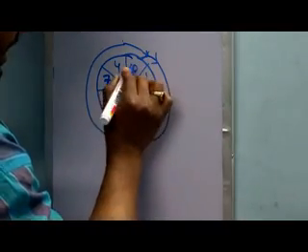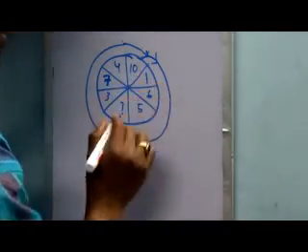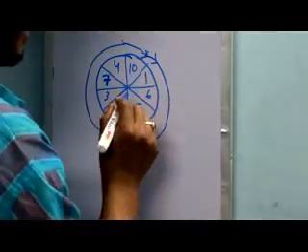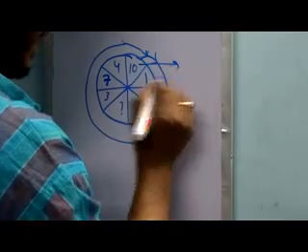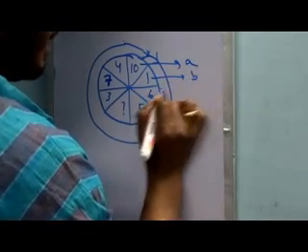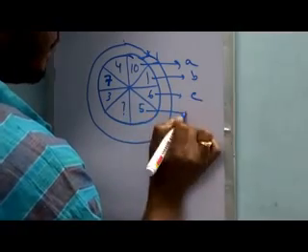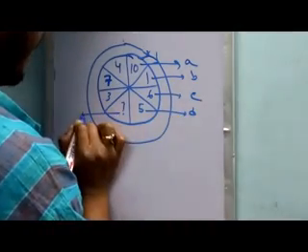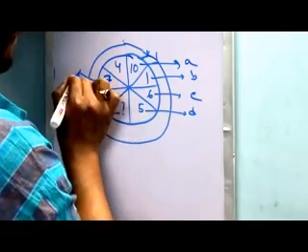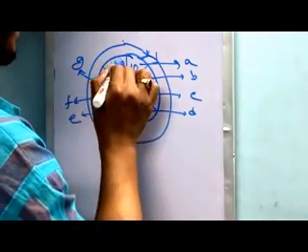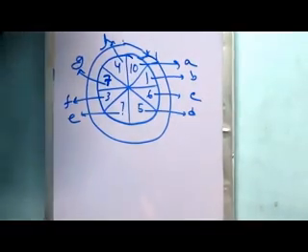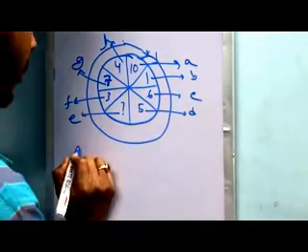Take these 3 numbers. Let's denote each subsection as A, B, C, D, E, F, G, H. So let's add A plus B. What do we get?